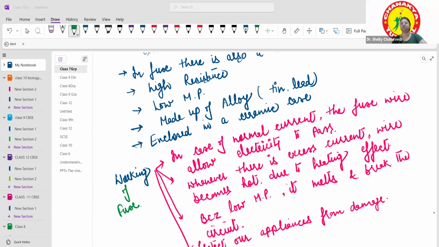So now working of fuse is clear, everyone? Nishika, Charvi, everyone, Uma, Shriyans? Yes, ma'am. Ma'am, what is beside also? Which point?